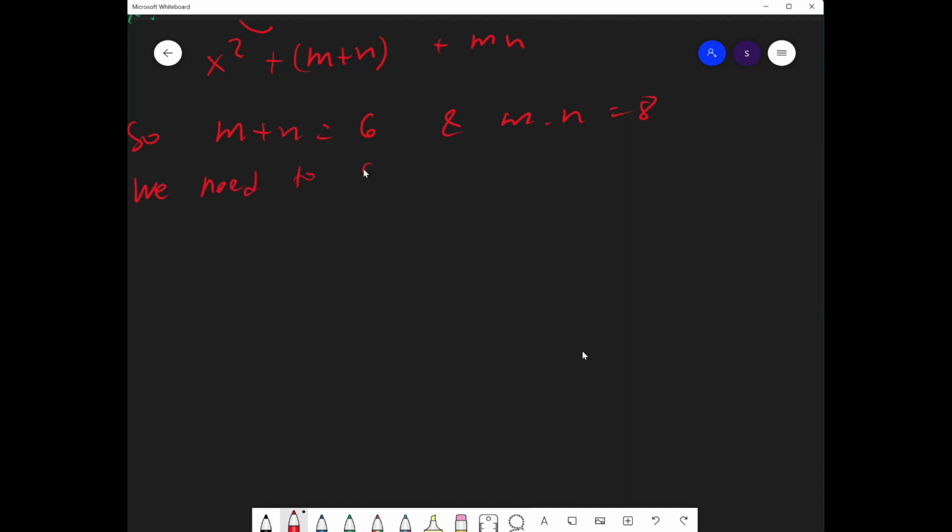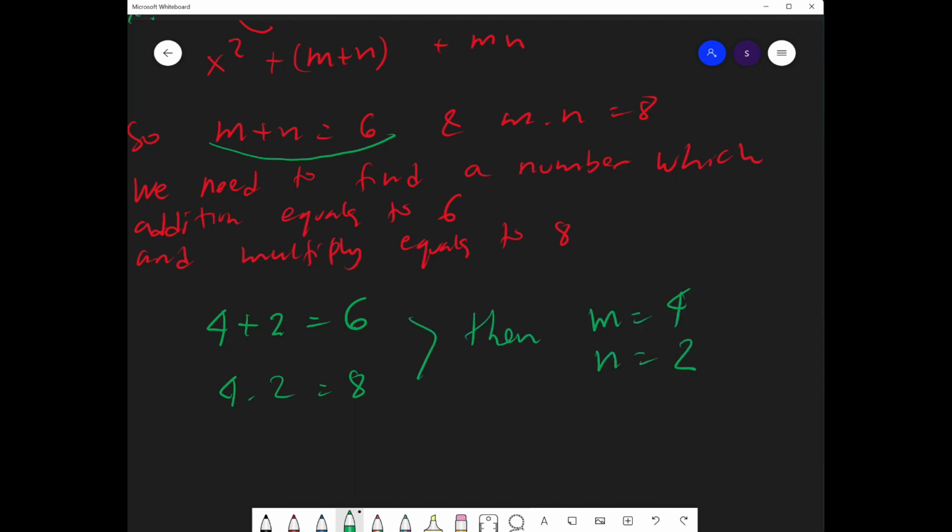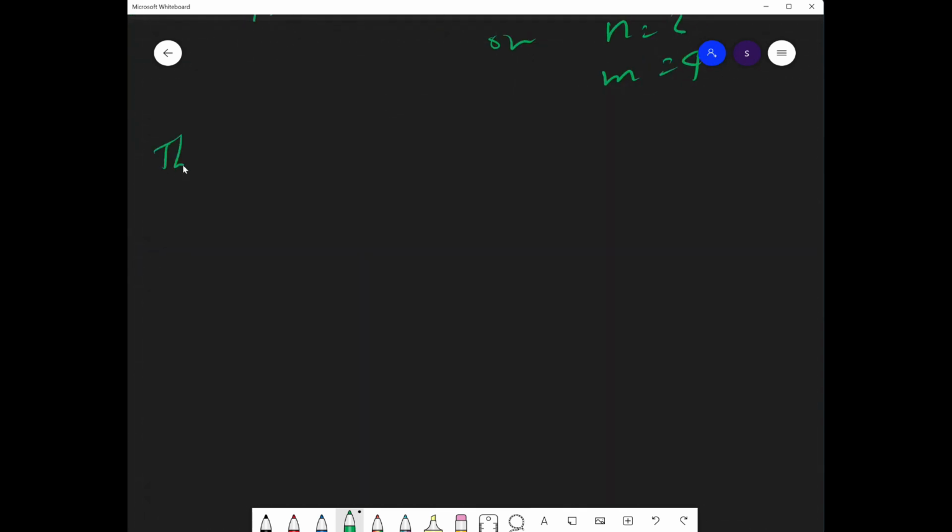Then we need to find numbers which in addition equal 6 and multiplied equal 8. To fulfill this, 4 plus 2 equals 6 and 4 times 2 equals 8. Then we got m is 4, and n equals 2. Then the result of x squared plus 6x plus 8 will be x plus 4 times x plus 2.